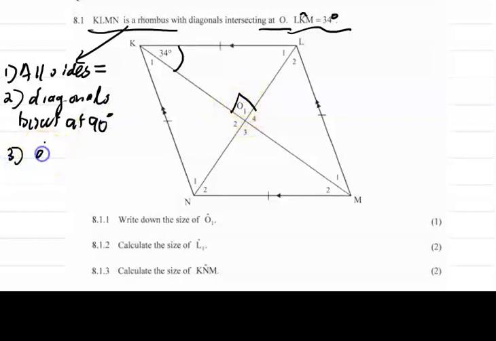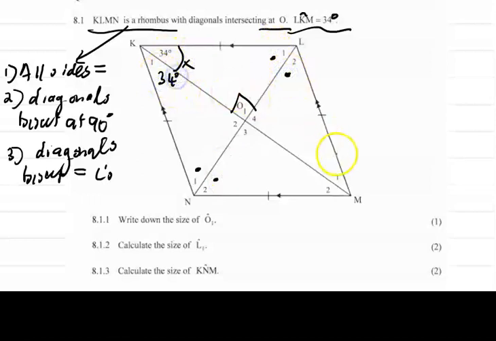And the third one is that the diagonals bisect equal angles. So what does that mean? It means that N1 is going to equal N2, L1 equals L2, and then that angle there, 34, that one is going to be 34 degrees there, and M1 is going to equal M2.